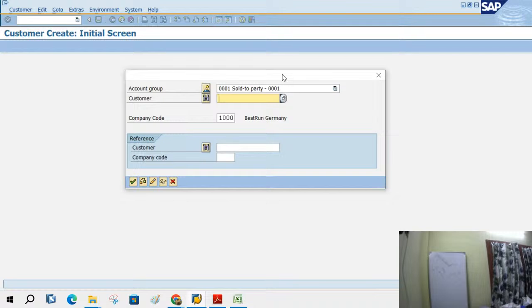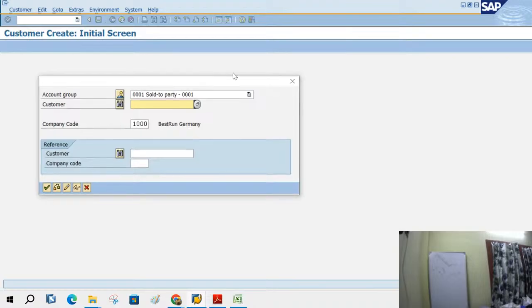Now you write part A. I'm going to divide into part A and part B. Part A, I'm going to say create customer initial screen consultant work. Part A, main heading. Correct?